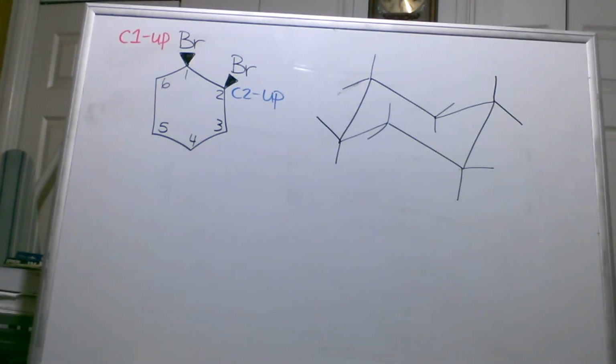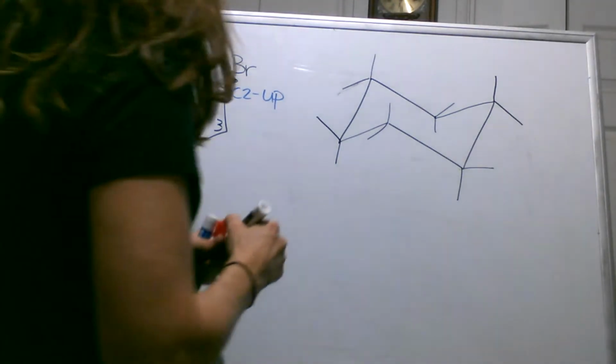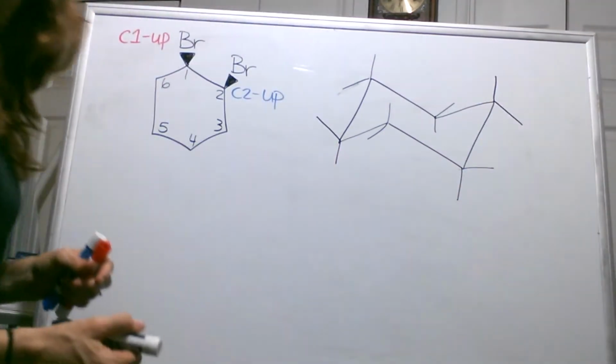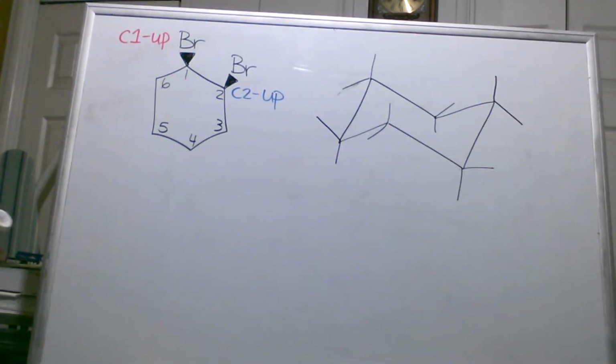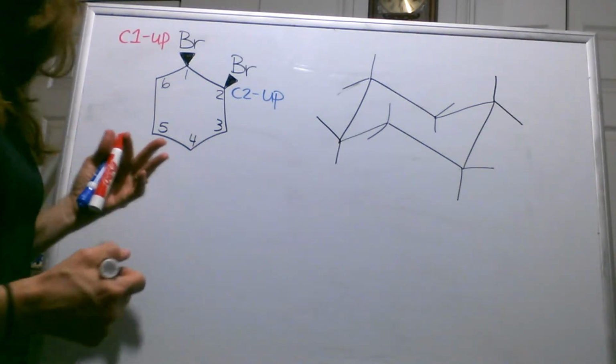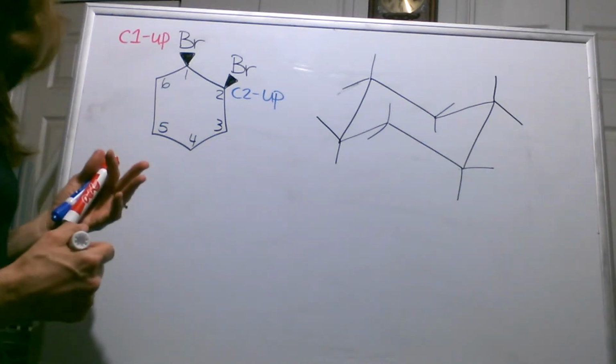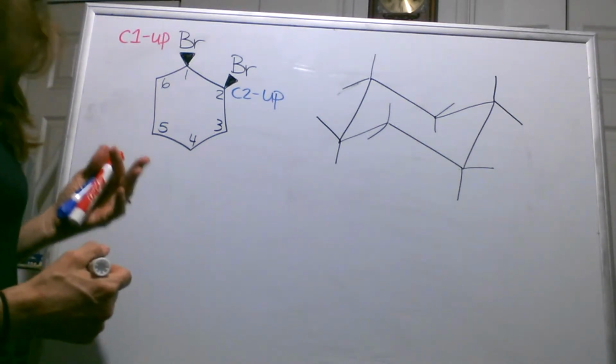The numbering is arbitrary. From the previous examples, you've seen that I always start number 1 here, and that's just habit. It doesn't have to start there. You will always get the same relative positions of the substituents when you go to look at both conformers. So it doesn't matter.